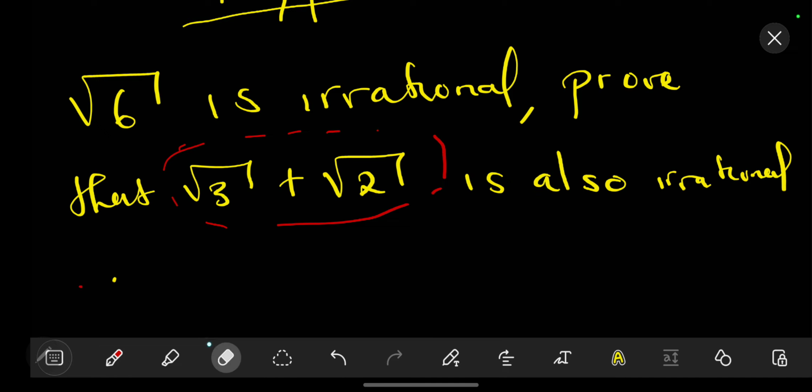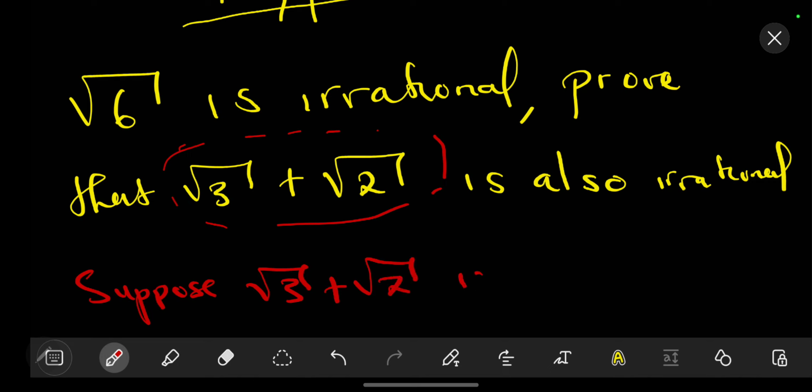So you will first assume, suppose the square root of 3 plus the square root of 2 is rational.